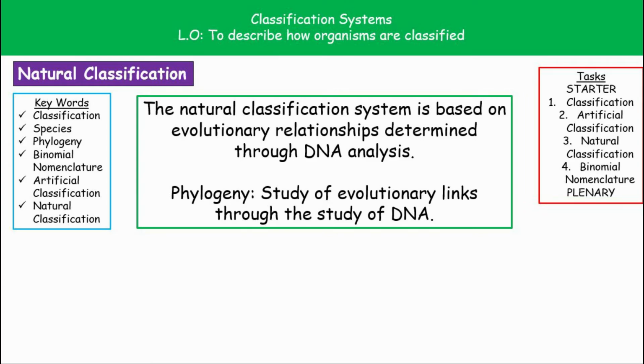It's all done by computer. But it's looking at the DNA and it's identifying how much of that is in common with each organism. So the more similar their DNA, the closer related they are. And that means that the divergence in their family tree occurred more recently.